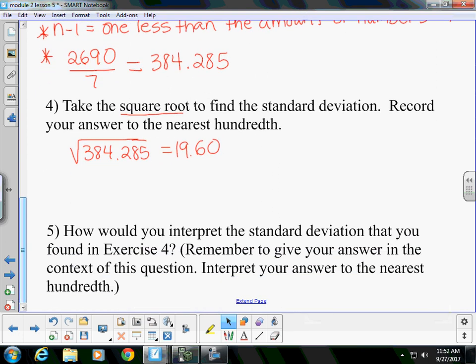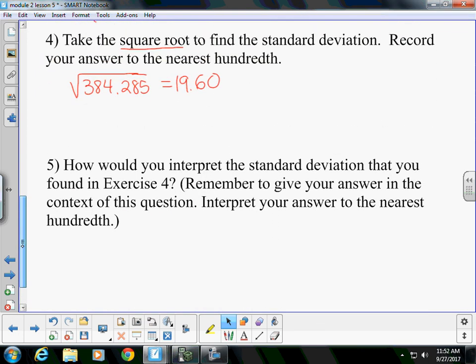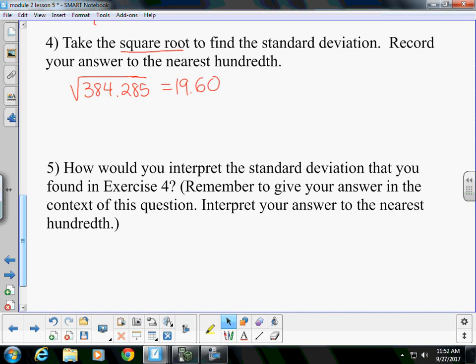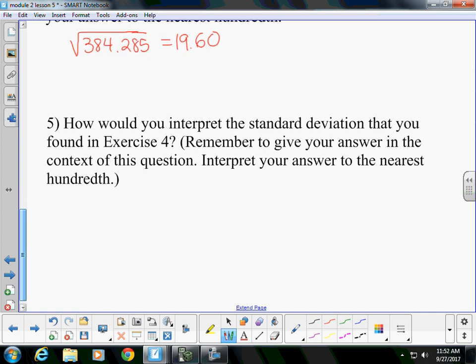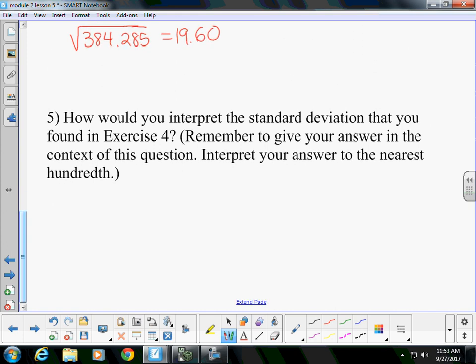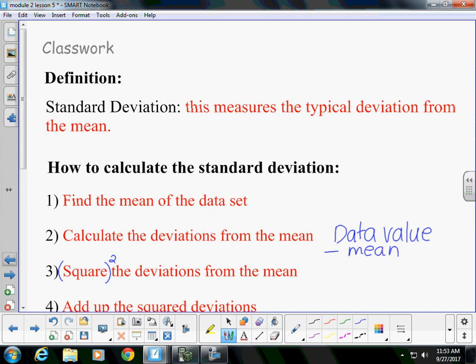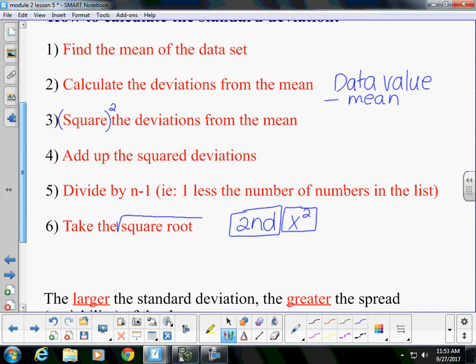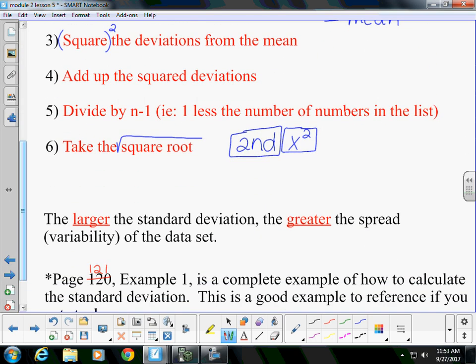It says, how would you interpret this standard deviation? Well, 19 is a pretty large number compared to what it could be. It says, remember to give your answer in the context of this question. So this was the battery life. So in the context of this question, if you remember right what it said back here, the larger the standard deviation, the greater the spread of the variability.